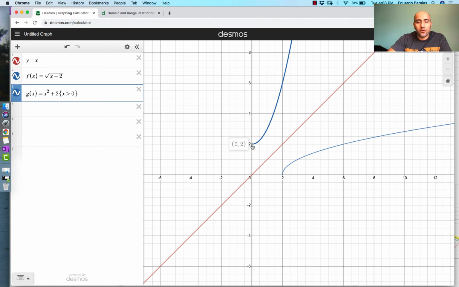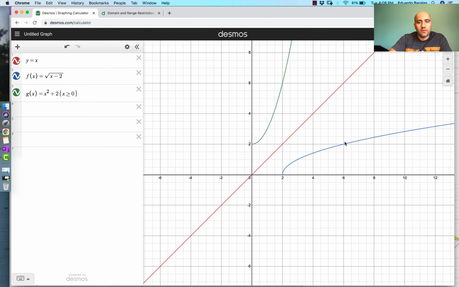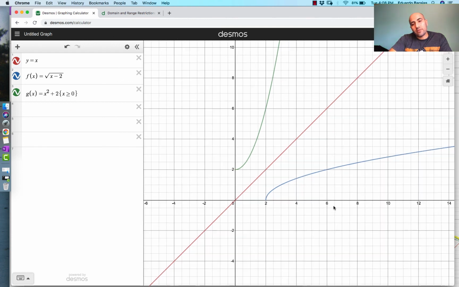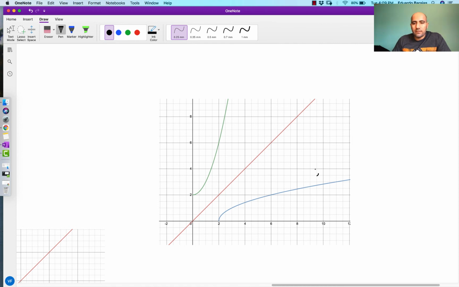So I want to restrict the domain, and let's make it the color green. Green. There. So that's what I was attempting to do. So this is the same thing, only better. Copy that. So if this is f of x equals the square root of x minus 2, then this must be the graph of the inverse function.